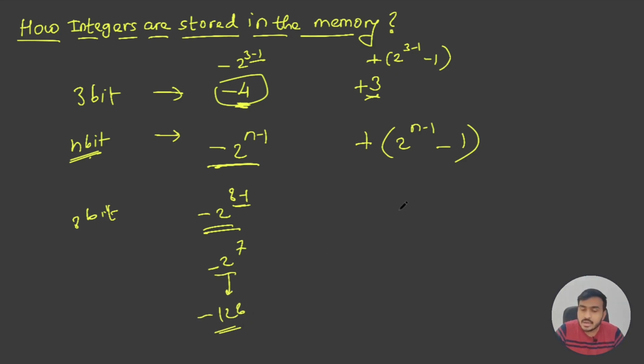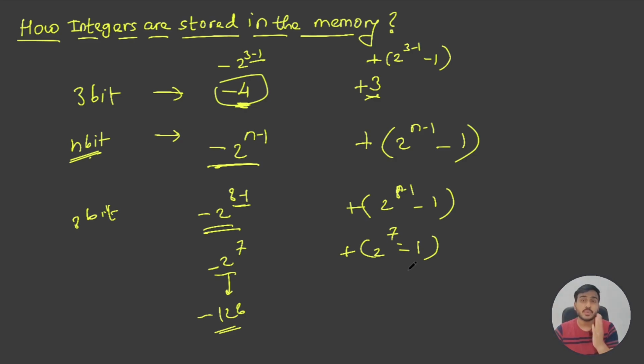Similarly, the maximum value of this variable is going to be 2^(n-1) - 1 with a positive sign. In this case n is 8, so 2^(8-1) is 2^7, and 2^7 - 1 with a positive sign. 2^7 is 128, and 128 - 1 is 127.